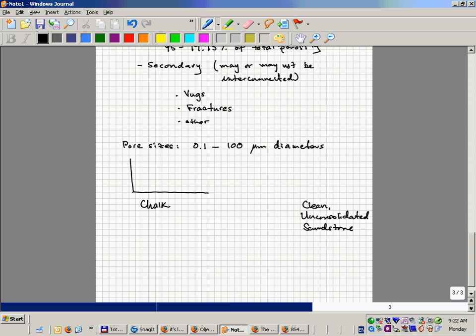The chalk pore size distribution is very unusual. It goes from about 0.1 to 1 microns. Very narrow distribution, everything within just one order of magnitude of diameter. This is frequency.